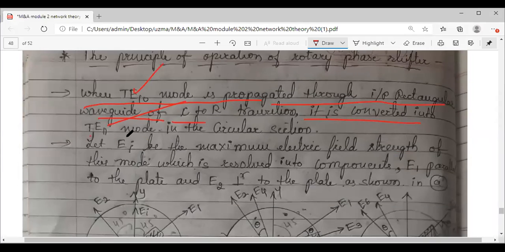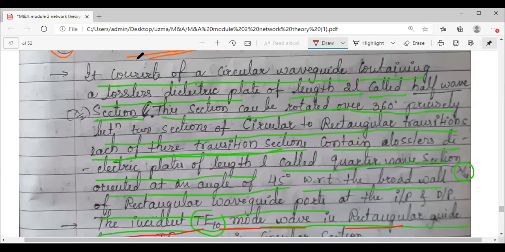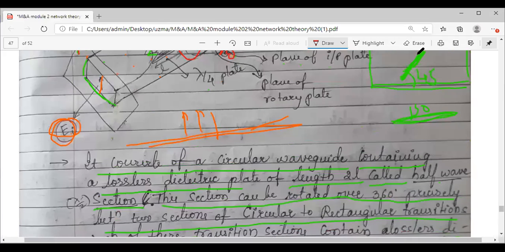Now at the input side, we are assuming that some wave is entering. So let that wave entering be EI. Let EI be the maximum electric field strength of this mode. Whatever enters here, you can see I have drawn it here.